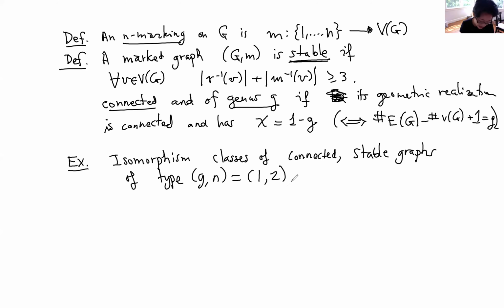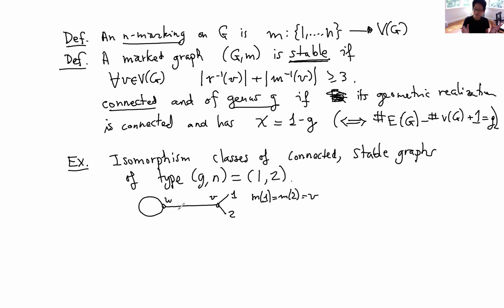And this will also just be an introduction to how people draw these things sometimes. So here's one. It has two vertices, two edges, one of which is a loop. And here I'm drawing the marking function as is typically done. You can draw the markings as sort of phantom half edges. So here we're just saying that m of 1 equals m of 2 equals v.